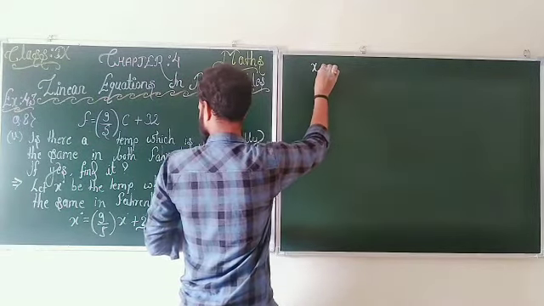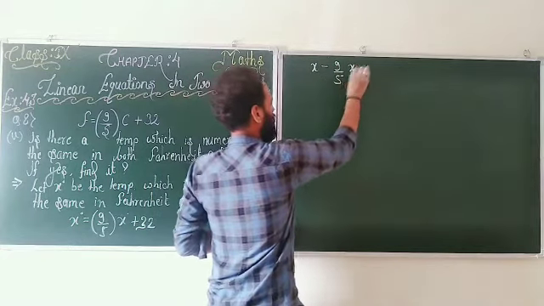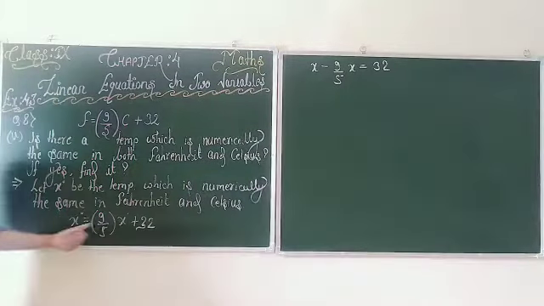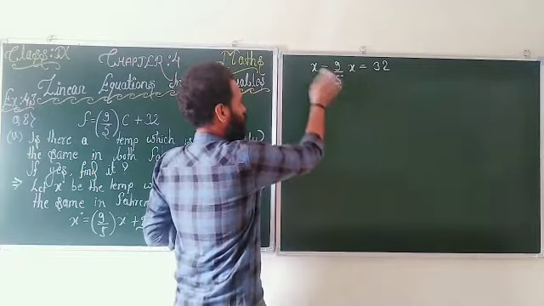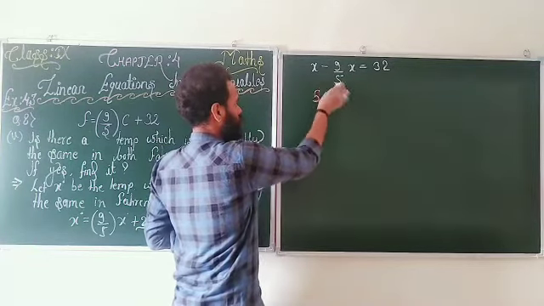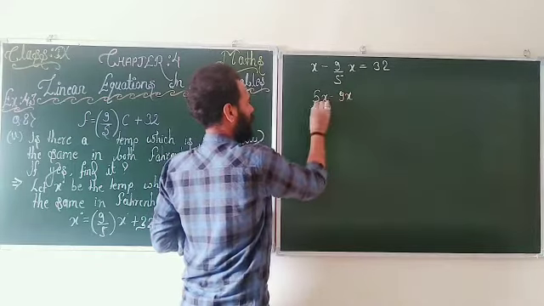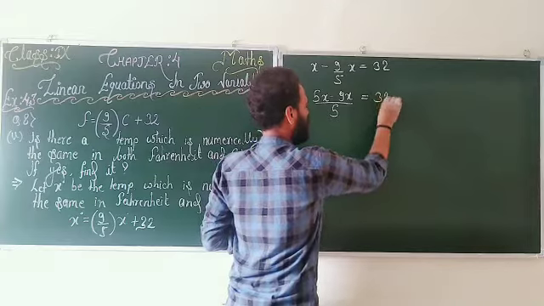So we get x minus 9/5 x is equal to 32. We transferred 9/5 x to the LHS side, so it changes into the negative sign. First we take the LCM. So the LCM gives 5x minus 9x/5 is equal to 32.